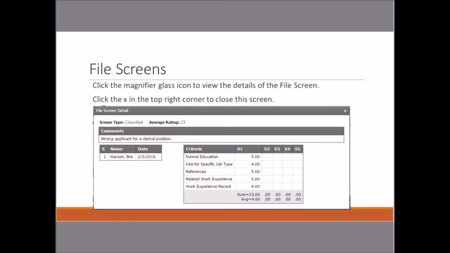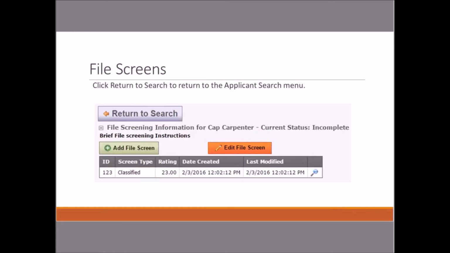It's going to first identify who the screener was and the date they added the screening, any comments that were added, and the score that they added to that particular applicant. You'll notice there's room for up to 5 people to add input on an individual screen, and it will average data over time. If there was a second person, they'd be listed down this way. When you're done, you just click that magnifying glass, or click the little X to close it, and it'll bring you back to the screen.